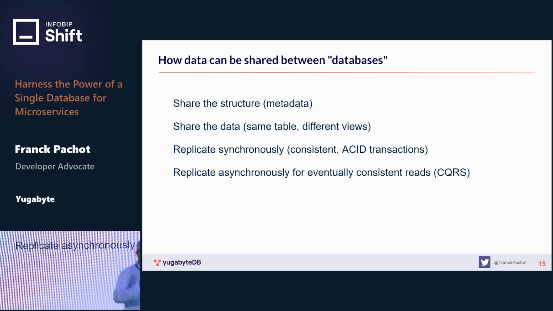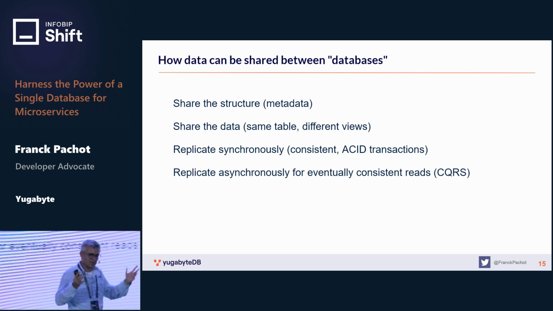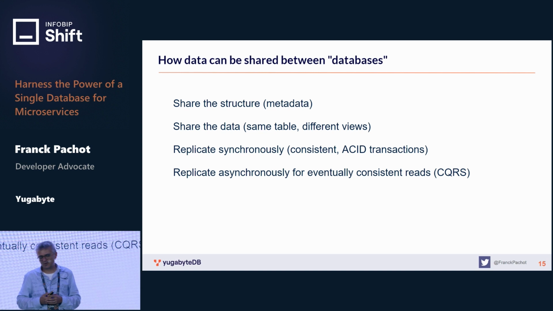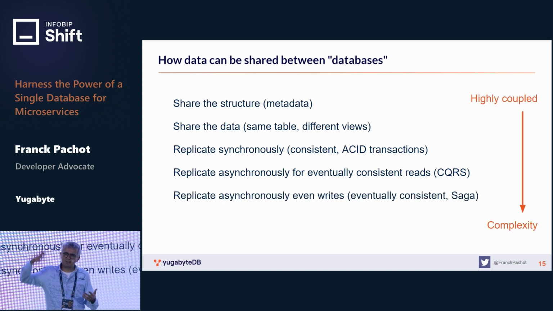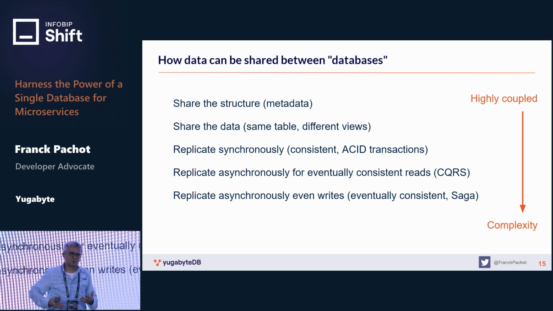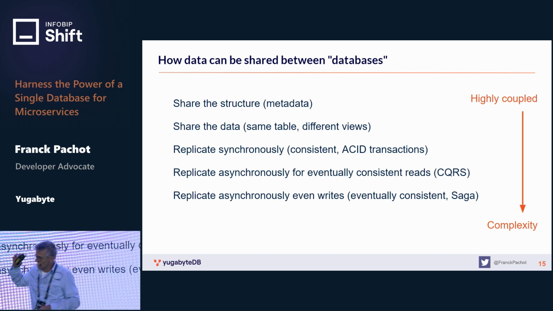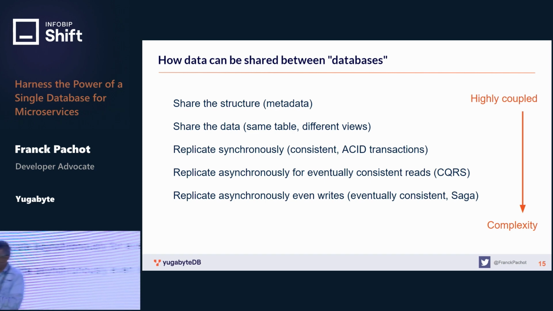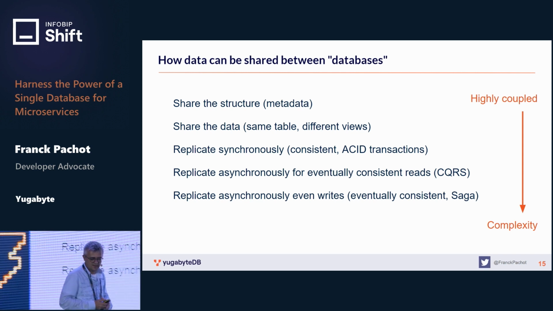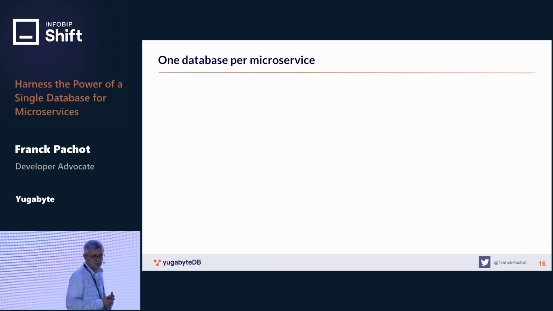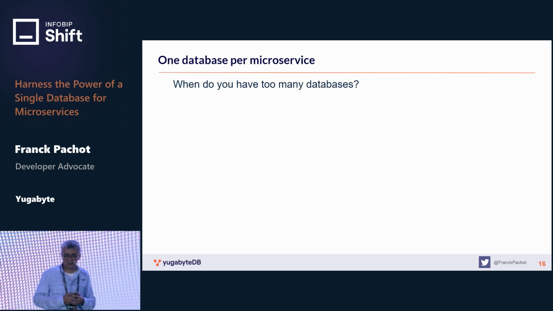Is it the consistency, the ACID properties, where you have a consistent view of the data? Many different cases, also many different levels of coupling. So it's not like one database per service means very decoupled. If you need to share something, it is not. So basically, you have the choice, and you need to think about the goals.